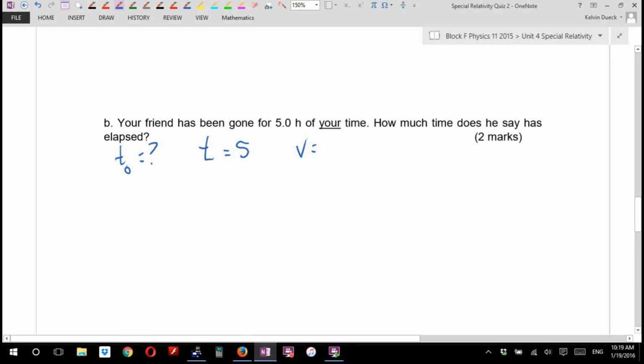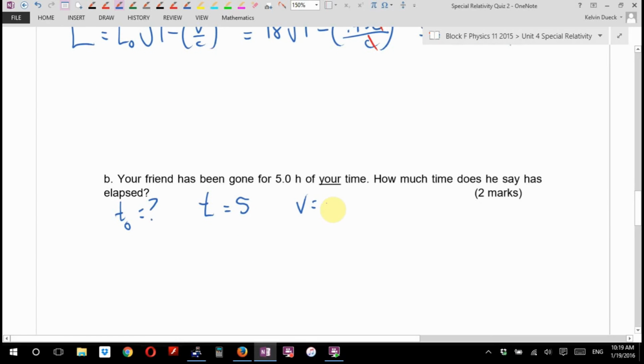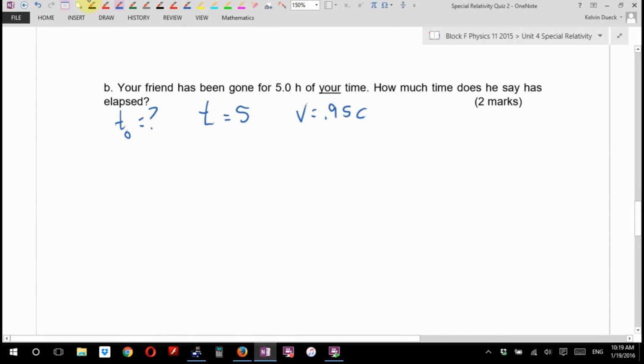Speed that he's traveling at was 0.95c. So the equation for time was t0 all over the square root of 1 minus (v over c) all squared. I want to get the t0 by itself. How would I get the t0 by itself? Well, the square root is dividing, so I'll times it over.